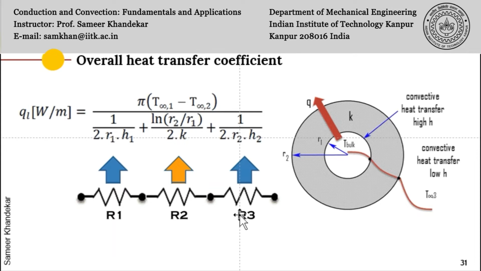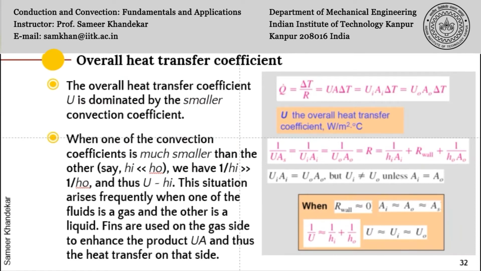You will also recall that the heat transfer coefficients of, let's say, liquids as compared to air or gases are usually higher. So one of them may have a gas, and accordingly one of these resistances can be very high. So let us move to slide number 32, wherein this is discussed.